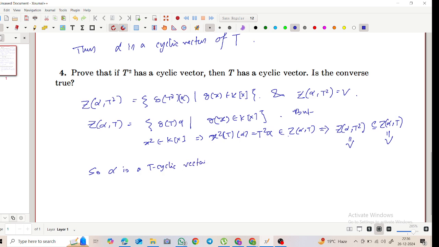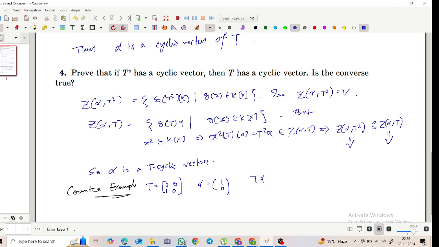Okay. Now what about the converse? The converse is not true. So if you take T, see this is the standard trick, okay? This is a very standard trick. First let's write down the example, then I will explain the trick actually.